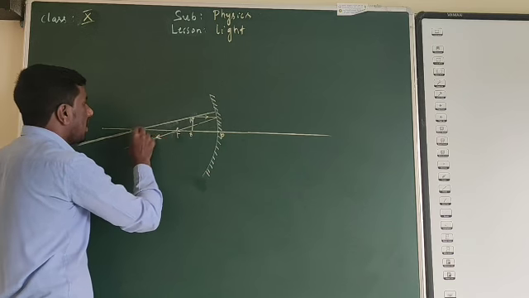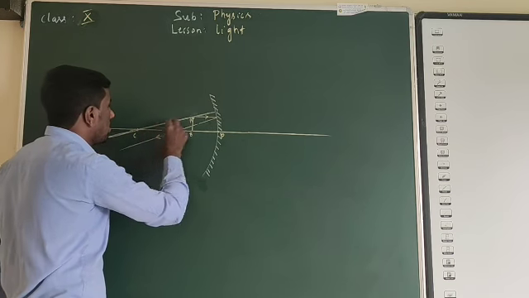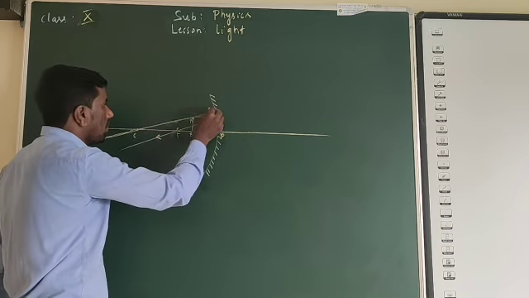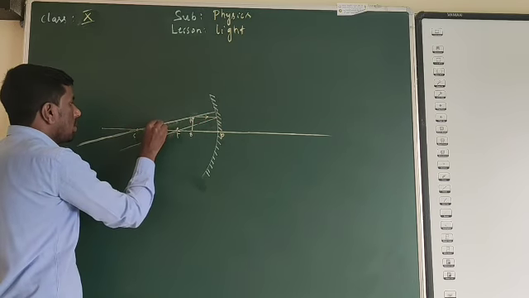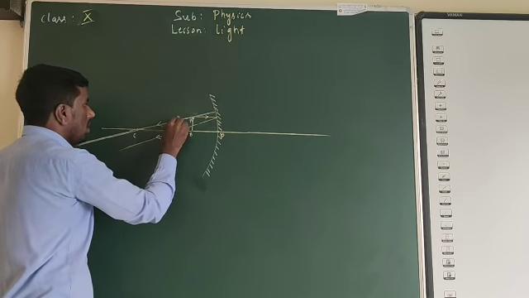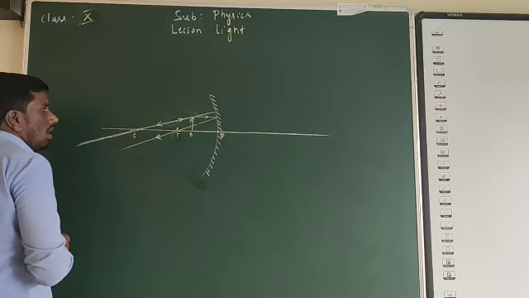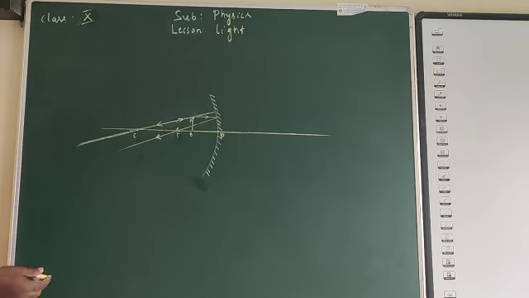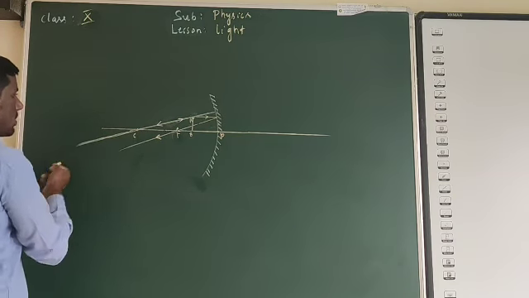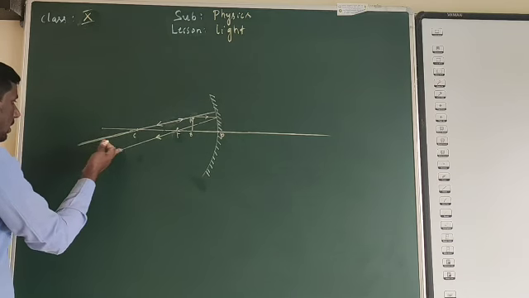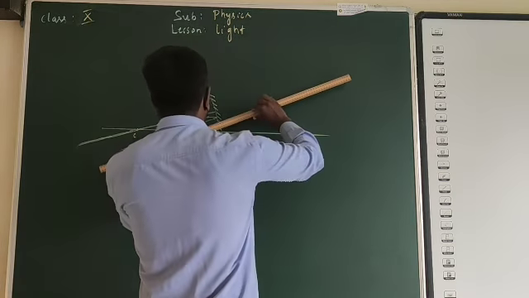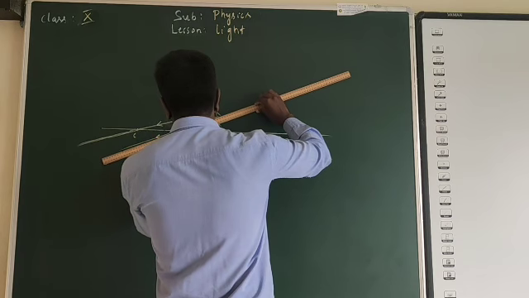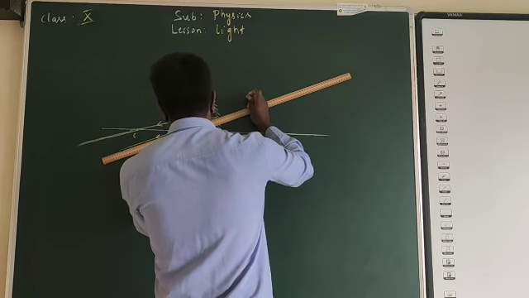The second ray I take through the center of curvature; after reflection, it will go back along the same path. Correct? So this is the incident ray and this is also the reflected ray. You can observe that these two rays are not intersecting, which means they are diverging. So I need to extend them backwards, right? Let me pull these two rays backwards.